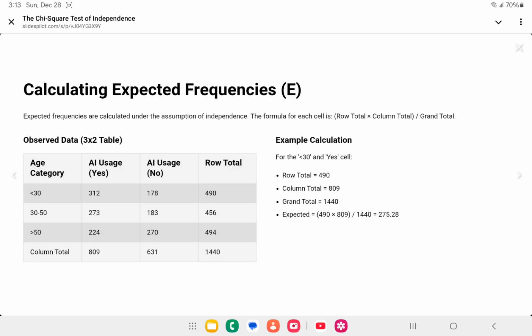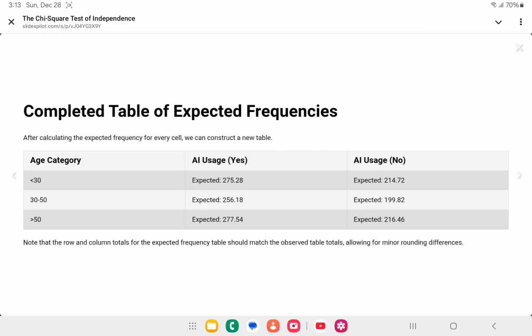For the expected value for under 30 and no cell, the row total is 490 times 631, the column total, and that divided by the grand total of 1440. For row 2, column 1, we have 456 times 809 divided by 1440, which gives 256.18.